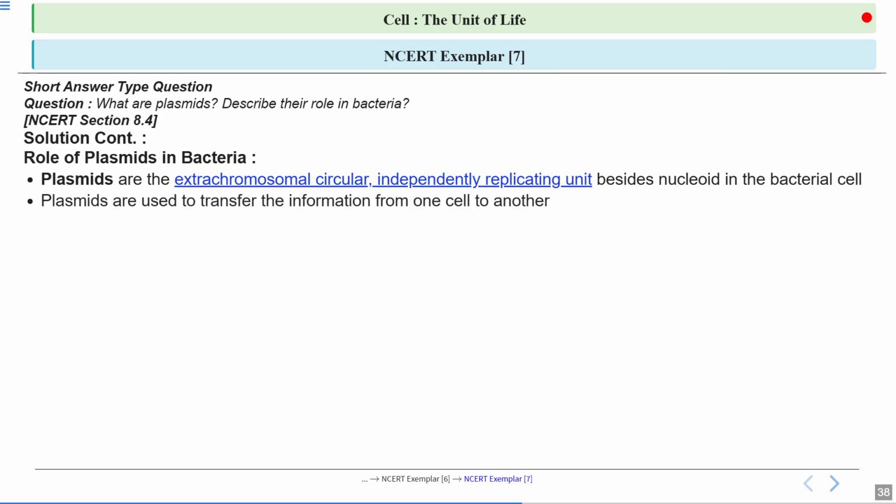So plasmids are used to transfer information from one cell to another. So what is the use of this plasmid? Plasmid is used to transfer information from one cell to another. Means from one bacterial cell, the information is transferred to another bacterial cell.